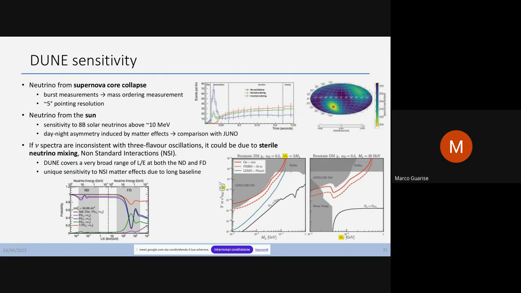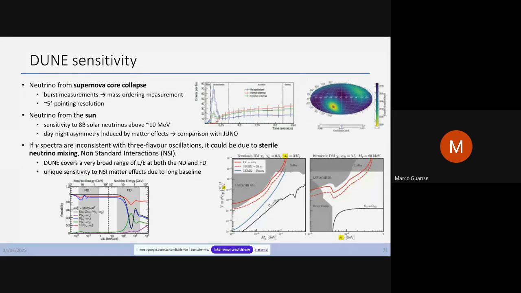Okay, not only delta CP and mass ordering, but we will also measure neutrinos from supernovae. No, it does not depend on us, but on the supernova.